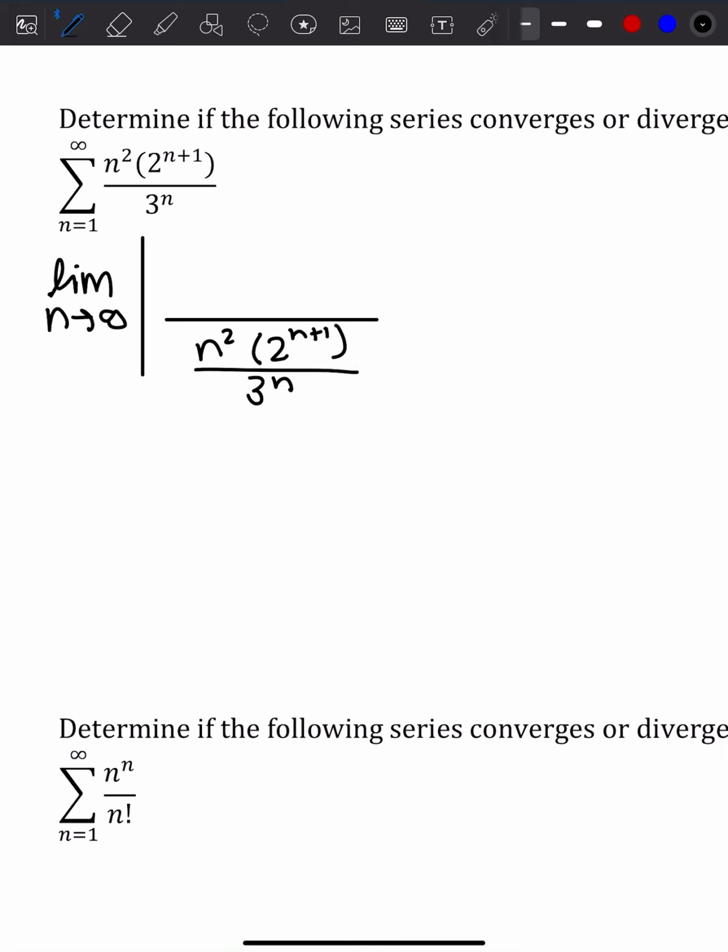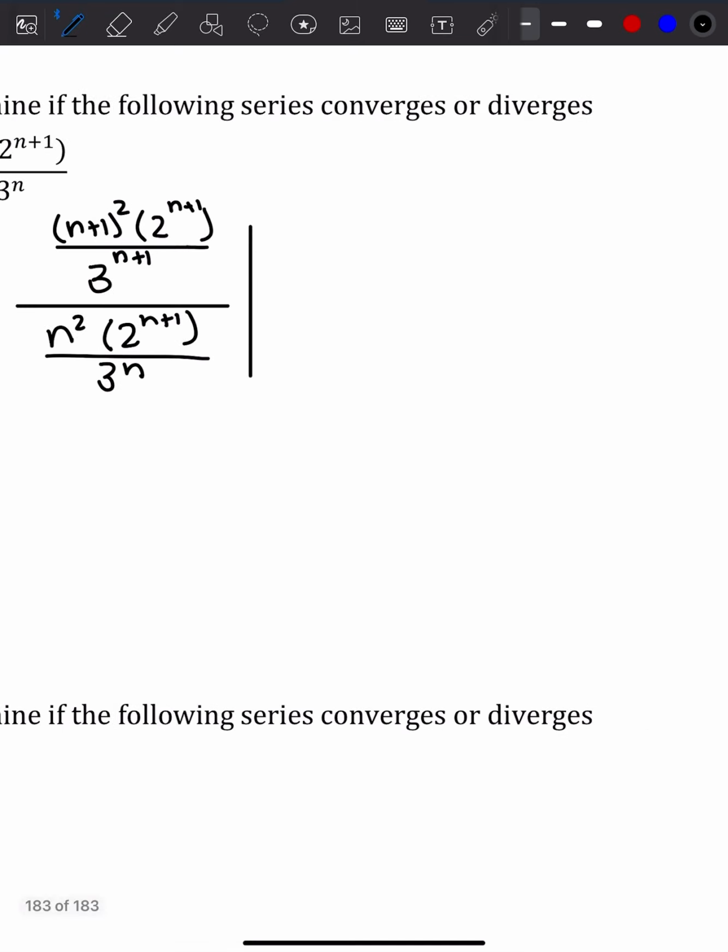So now all I'm going to do is take everything that I have there and do an n plus 1. So I have n plus 1 squared, 2 to the n plus 1, 3 to the n plus 1. And just like before, we're going to go ahead and multiply by the reciprocal.